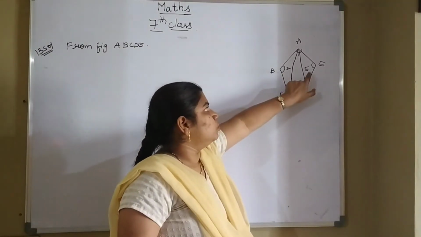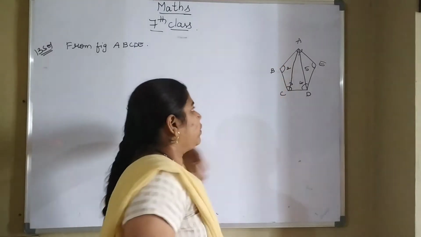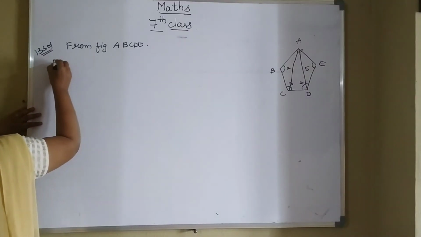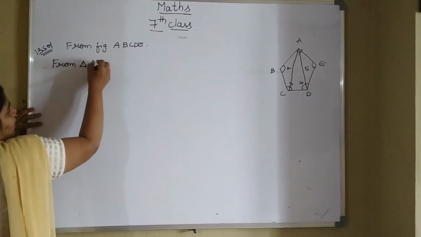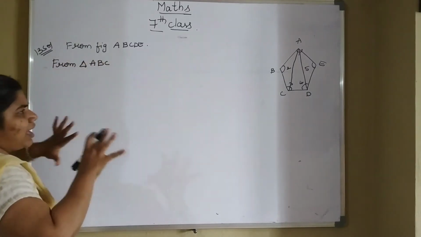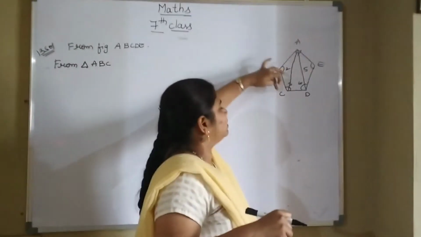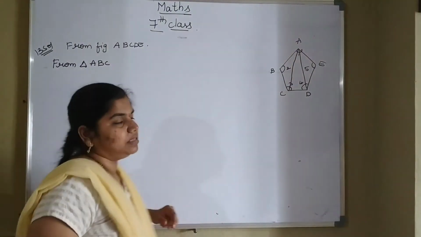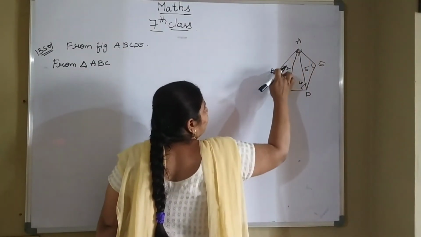1, 2, 3. Okay. So now first I am taking this triangle. From triangle ABC, all the single alphabet angles I am writing in the form of 3 alphabets. First angle A, how can I write?